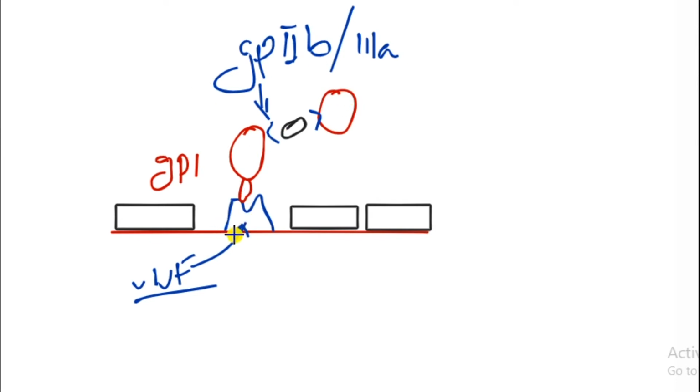This is how the platelet is attached to the endothelium, and from one platelet another platelet can attach to nearby platelets by fibrinogen linking.